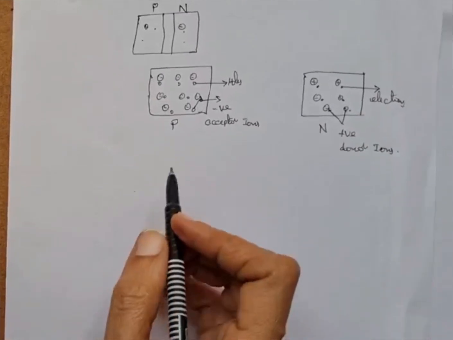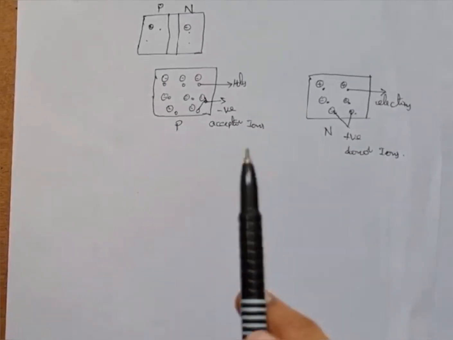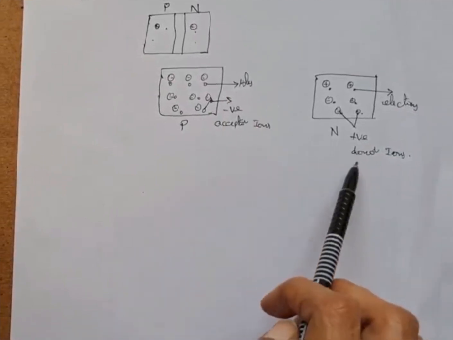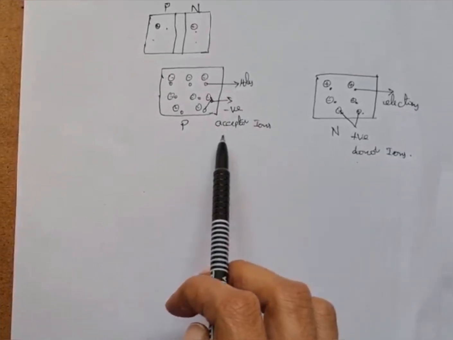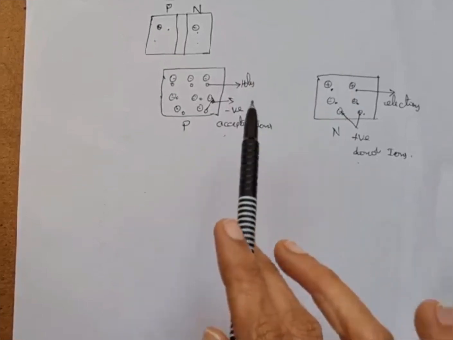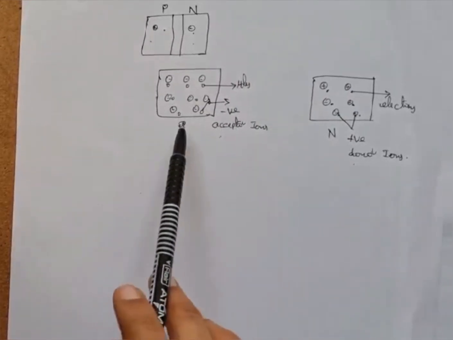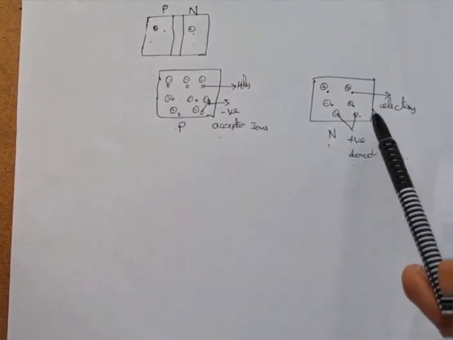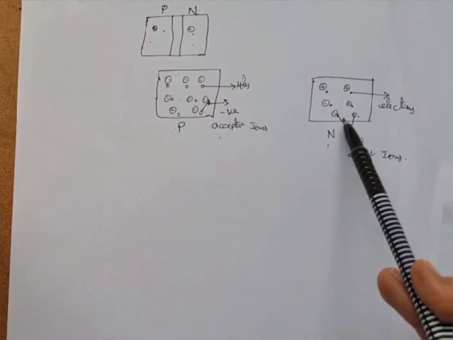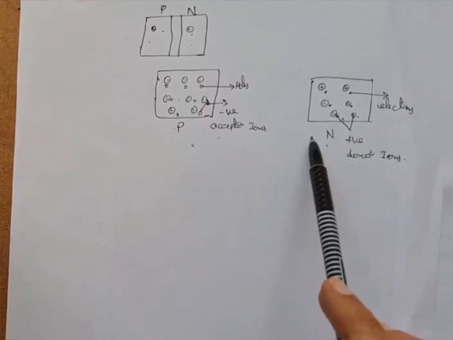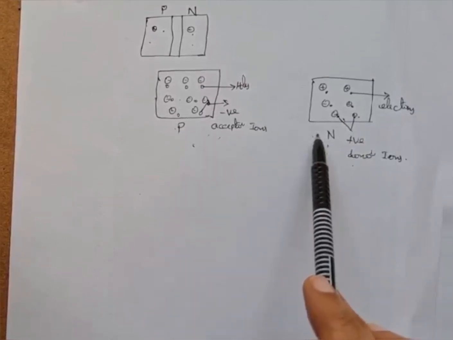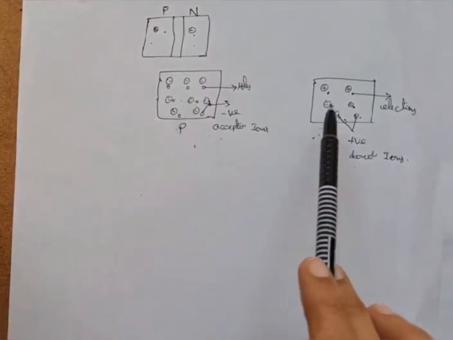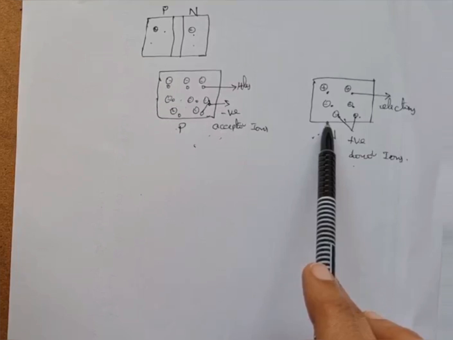In the beginning we discussed the junction: carefully controlled amounts of donor and acceptor impurities make a PN junction. So in the p-type region holes are uniformly distributed, and in the n-type region electrons are uniformly distributed. Each region is electrically neutral because each of them carries the same amount of positive and negative charges.